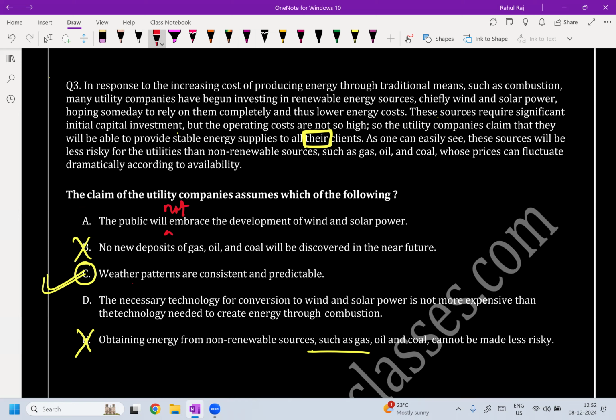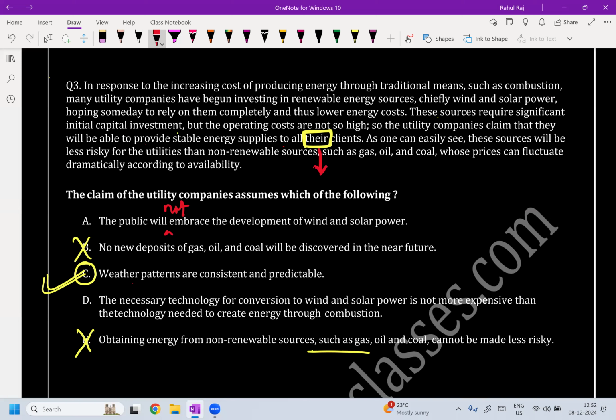The utility company claims that they'll be able to provide a stable source of energy to all their clients. So about whom are utility companies bothered? Utility companies are only bothered about their clients. Am I right? Yes or no? They are not bothered about the normal public. Whether you embrace me or you don't, how does it matter to me?